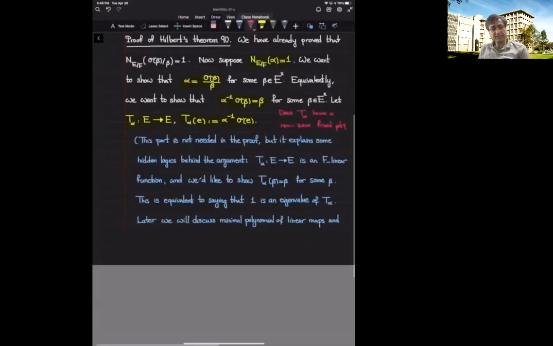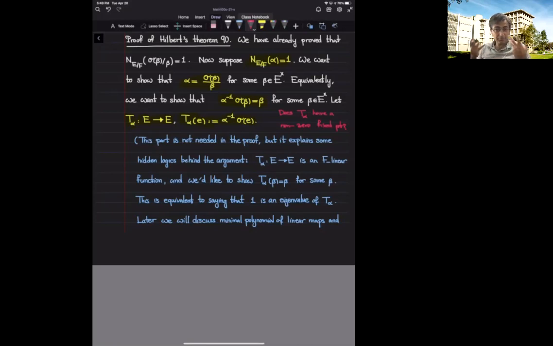Later, we will discuss minimal polynomials of linear functions, and we show that every eigenvalue is a zero of the minimal polynomial of an F linear function. So that's the hidden logic behind what we are going to do next, which is to find the minimal polynomial of T sub alpha.